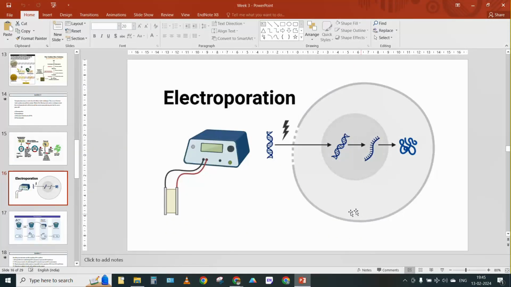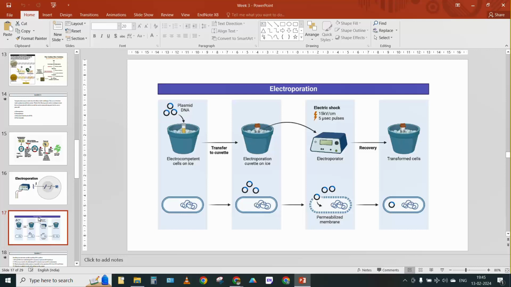So what is the principle behind electroporation? The working principle involves applying electric pulses to cells, which creates temporary pores in the cell membrane, and these pores allow the entry of molecules such as DNA, proteins, drugs, and other substances into the cells. The pulses change the electrical potential across the membrane, leading to the formation of temporary pores in the phospholipid bilayer that forms the cell membrane.